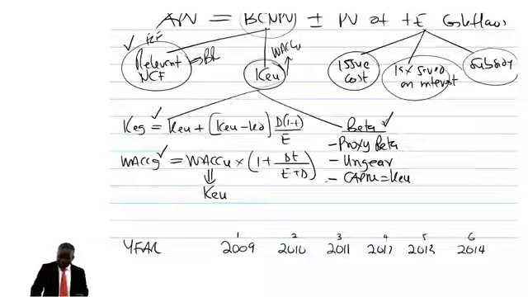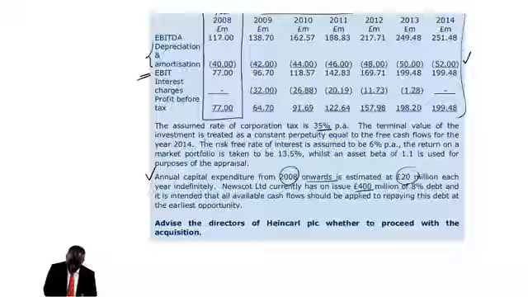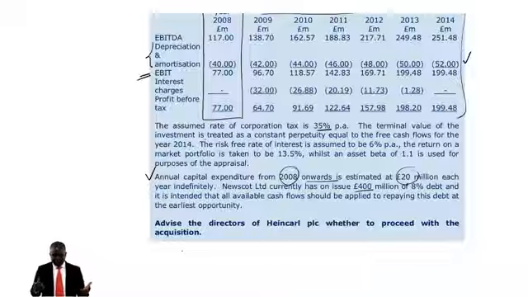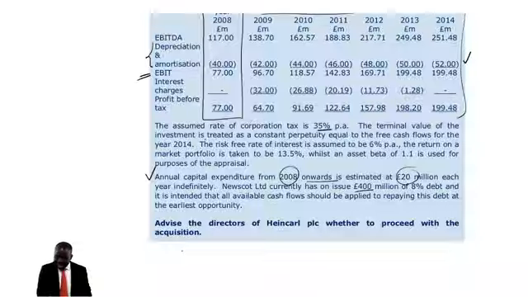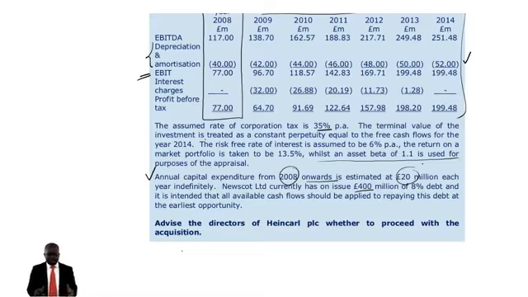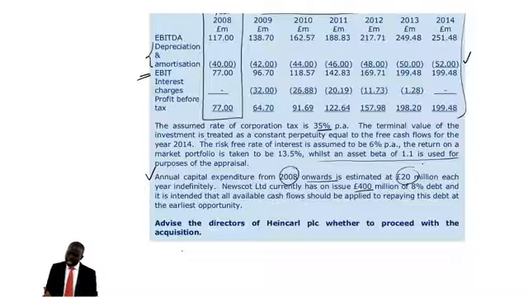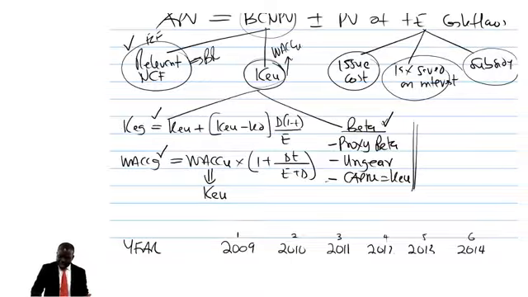Or I have given you beta, so use this. So let's go to the question and see which one was given to us. If you come here, they said, whilst an asset beta of 1.1 is used for purposes of the appraisal. So if it is 1.1, as a beta, then the examiner is expecting me to go by the beta approach.